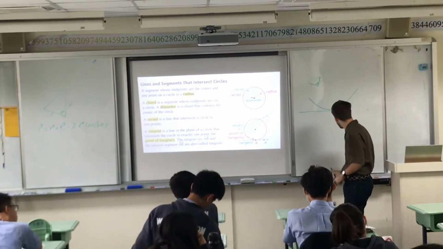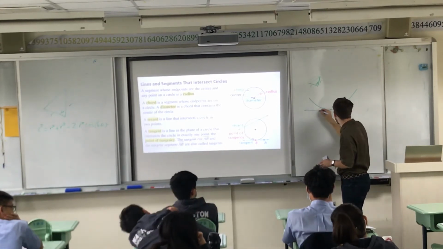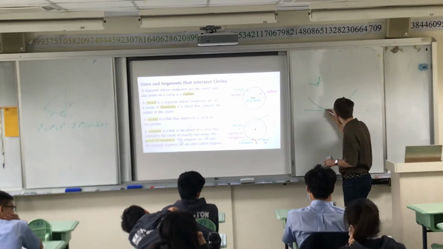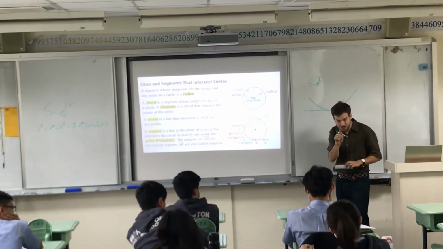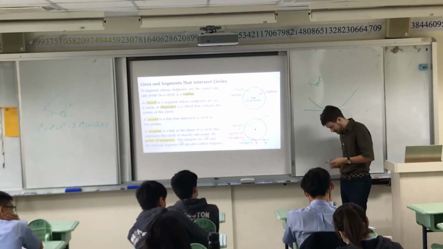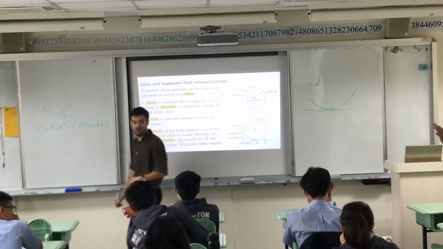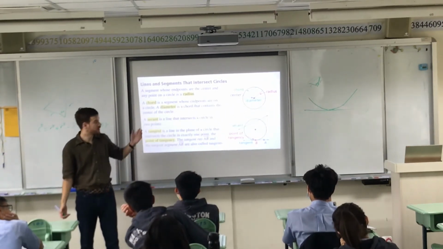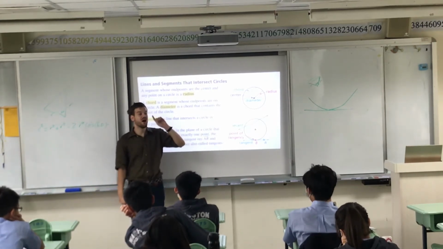It's really hard to draw, but the line touches exactly once, like it just barely kisses it. It touches exactly at one spot, not two, one. That's called a tangent line. And they're very important when we start talking about calculus. But for now, I just want us to see the word tangent.